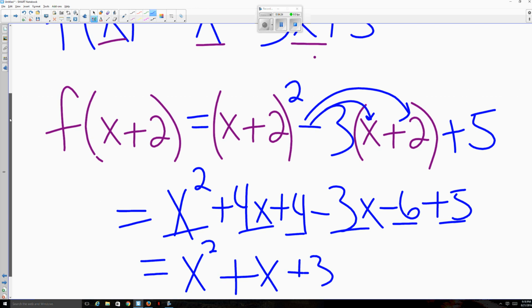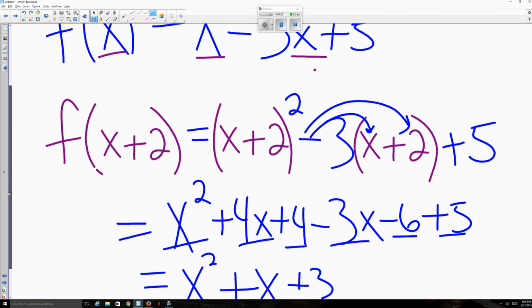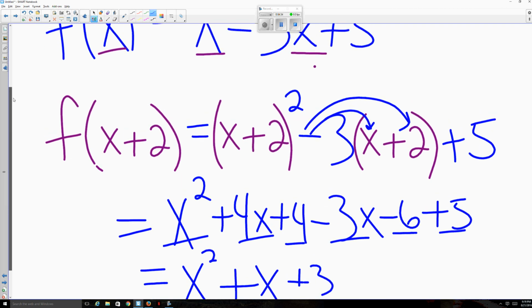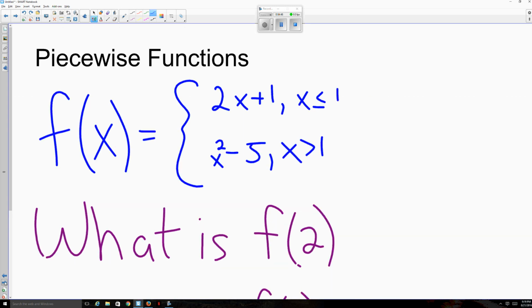So that's what happens when we take this expression right here and we plug in x plus 2. We get a different expression. And this is useful. One way we'll use this is in calculus as you get there. It may not seem like it right now, but it is useful as we get on down the line.